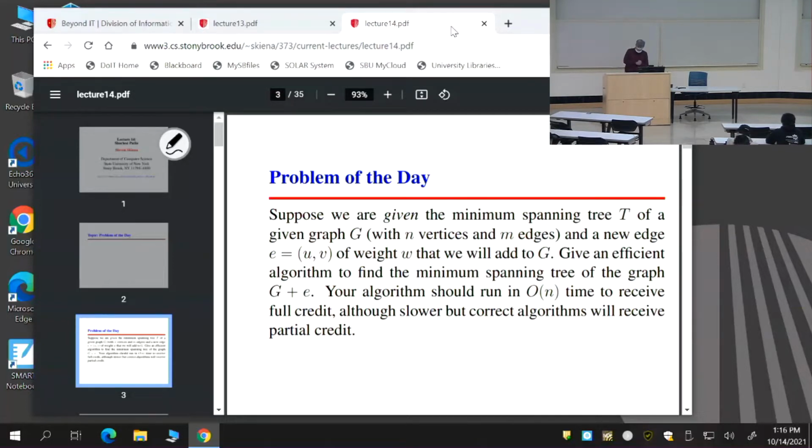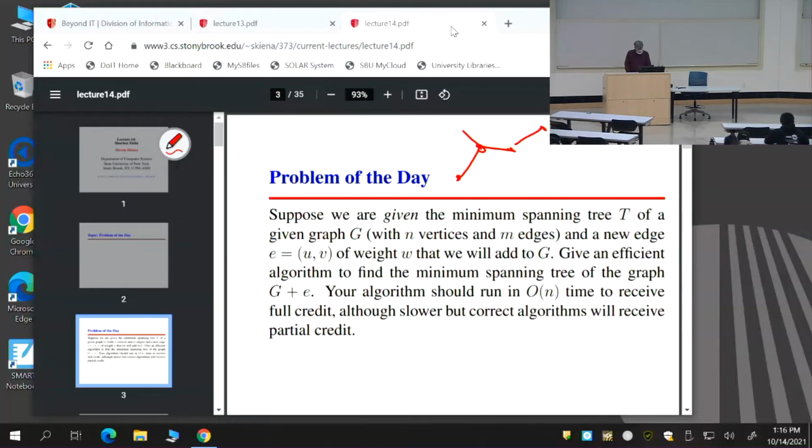Okay, so last class, we're now in a world of weighted graphs. We're in a world of computing minimum spanning trees. And the problem of the day is: suppose I am giving you the minimum spanning tree of a graph.